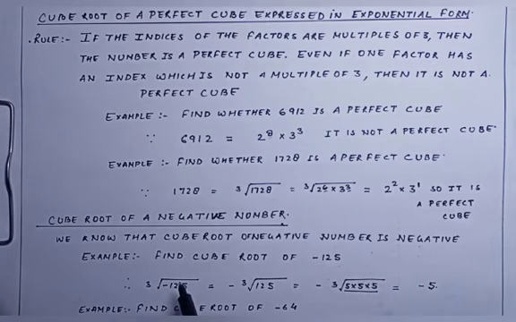If we have to find the cube root of minus 125, I am going to take the absolute value of 125, meaning I am going to put the negative sign outside as common, and then find the cube root of 125 by taking out the prime factors. Whatever prime factors I get, I am going to find the product of one from each triple of factors, like over here 5 into 5 into 5. So I am going to take out 5 including this negative sign.